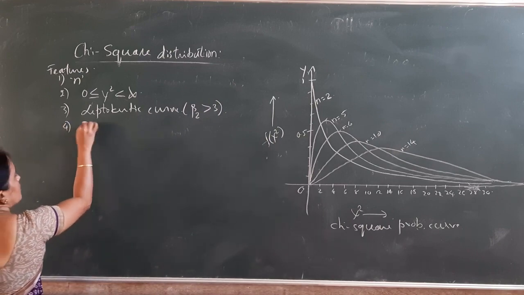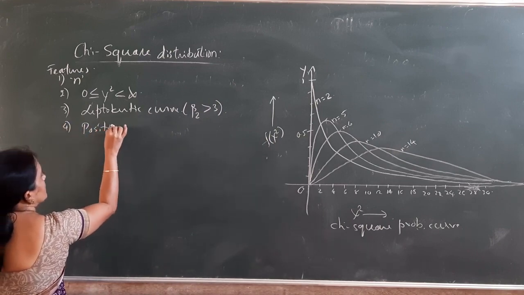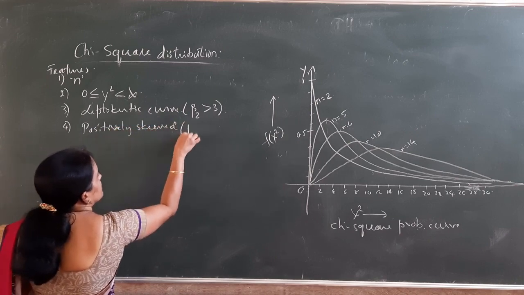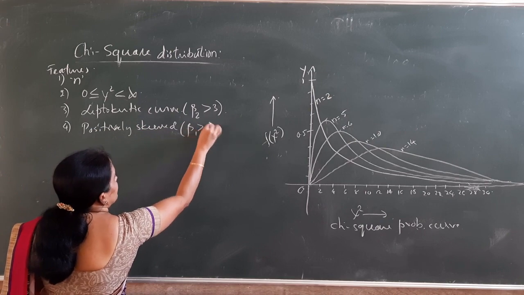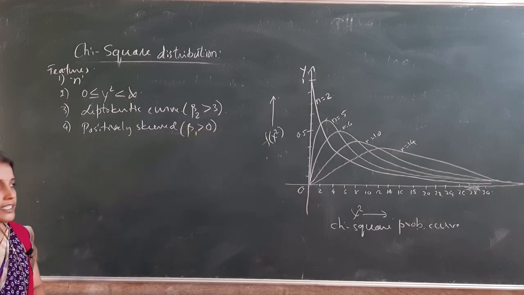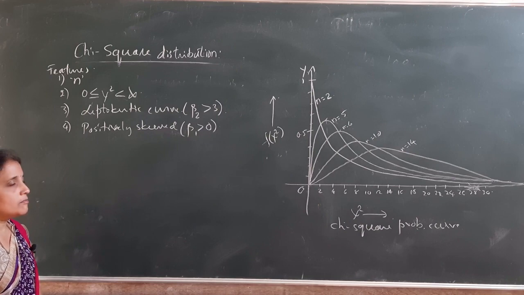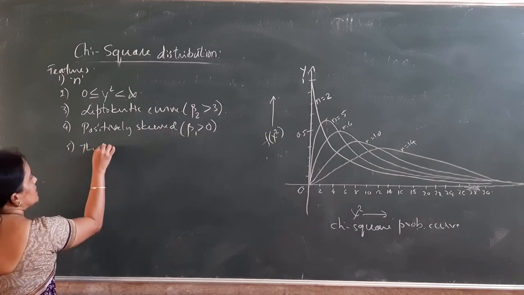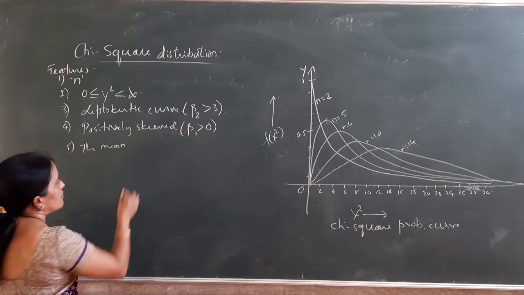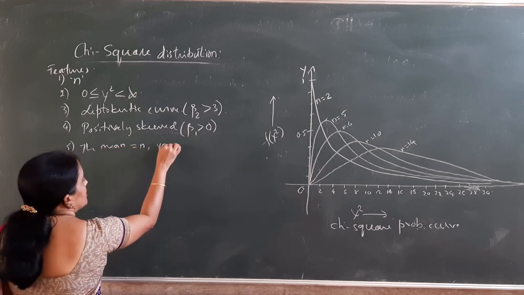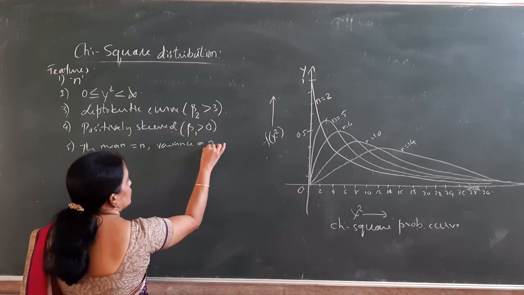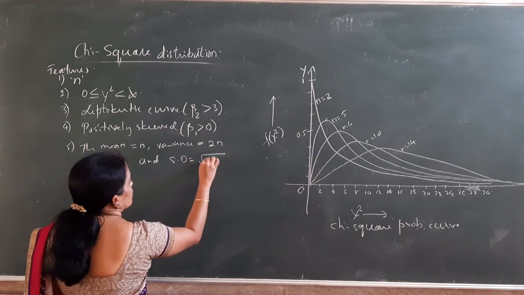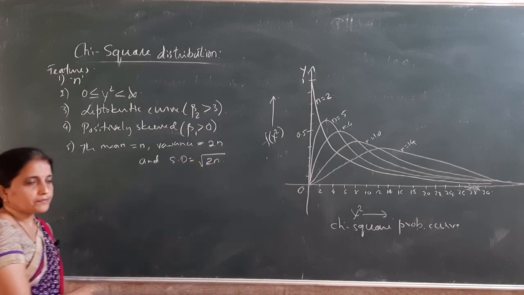Similarly, it is positively skewed, that is, the value of beta 1 is greater than 0. Next, the mean of a chi-square distribution is n. Variance is 2n and standard deviation is square root of 2n.